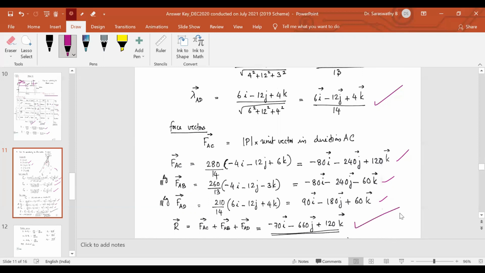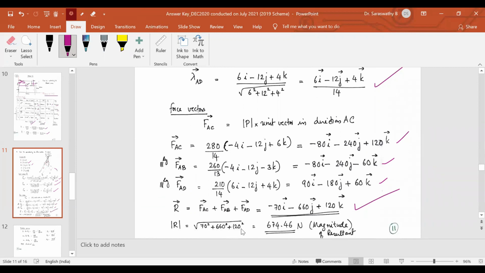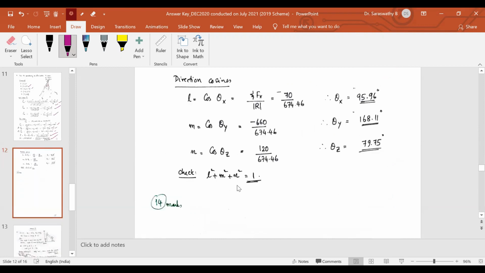If you want the magnitude of the resultant, you take the root of 70 square plus 660 square plus 120 square. Taking it, we'll get the magnitude of the resultant. If you want the direction of the resultant, that is called the direction cosines. Cos theta, the angle which the resultant makes with the x direction, is given by sigma Fx divided by the value of the resultant.